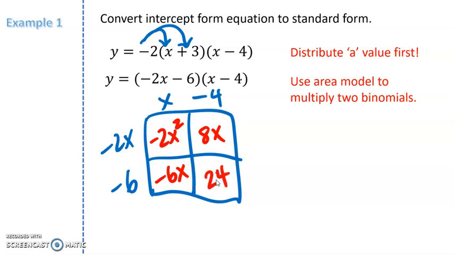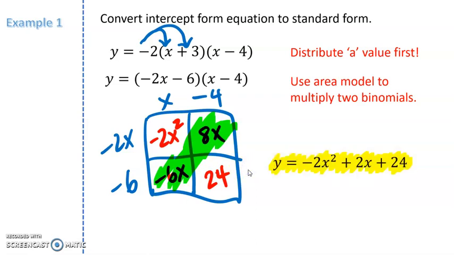And -6 times -4 is 24. And remember, we can combine these like terms. So our final quadratic equation in standard form is going to be y equals -2x squared, if we combine these, that's positive 2x, and then plus 24. And that's how you change it from intercept form to standard form. It's just basic, simple multiplication.